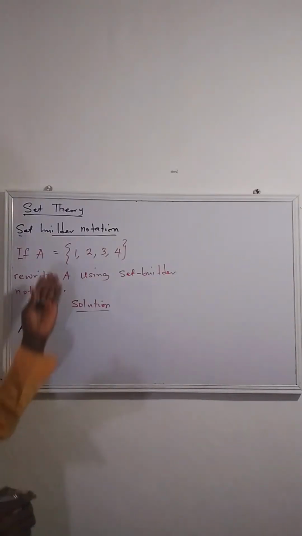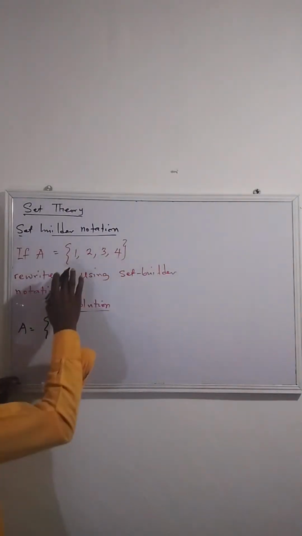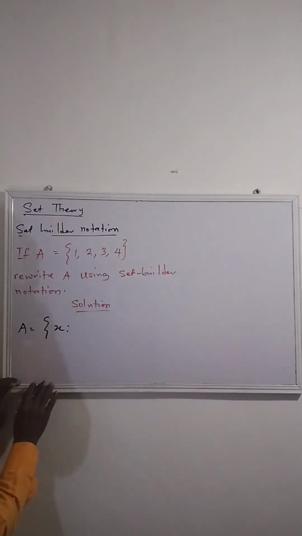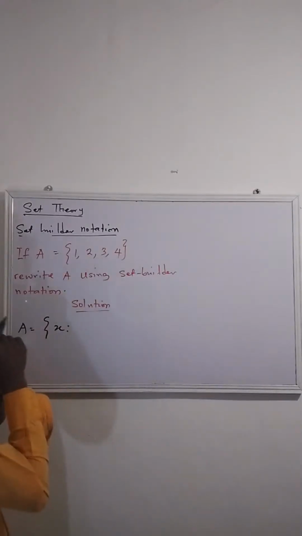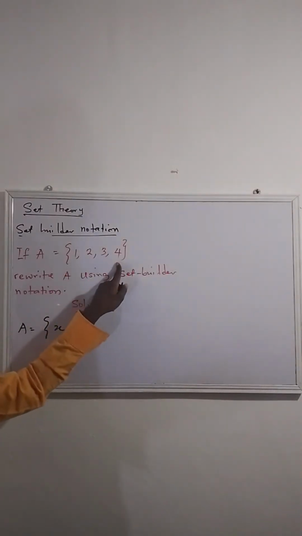Now, these are a set of natural numbers. You agree with me? So I will say these are sets of x such that all of these numbers are greater than 0, or I say 0 is less than all of these numbers. Do you agree with me?